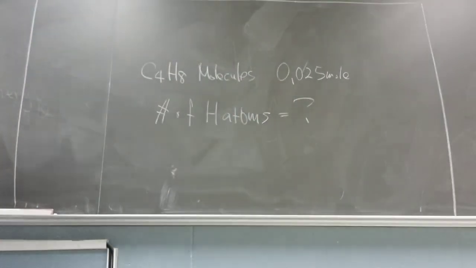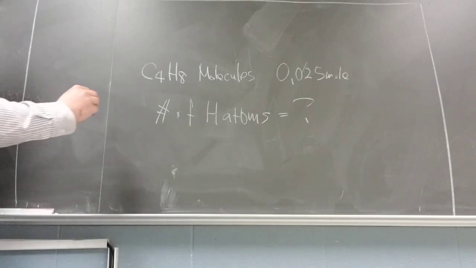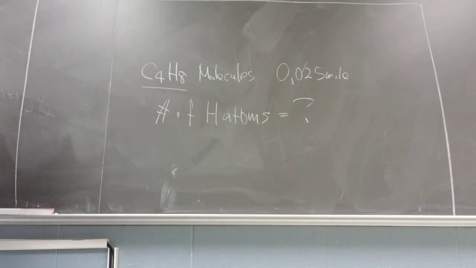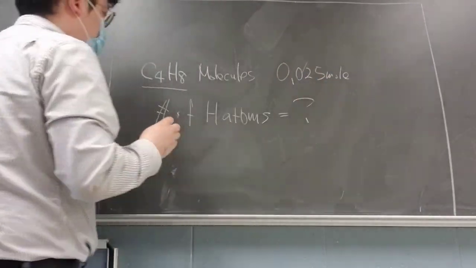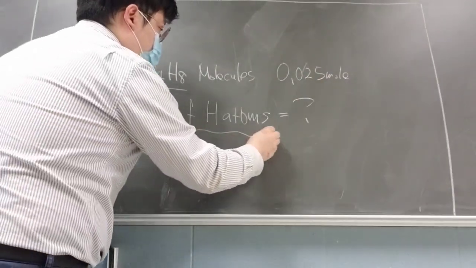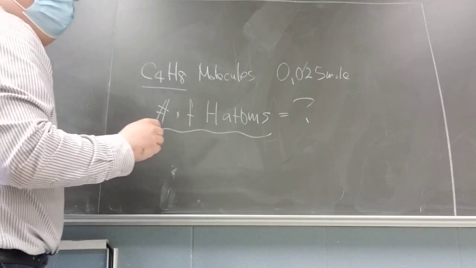That's the question. You have the chemical formula for the compound, the molecule. This is about 0.025 moles, and we want to find the number of hydrogen atoms.